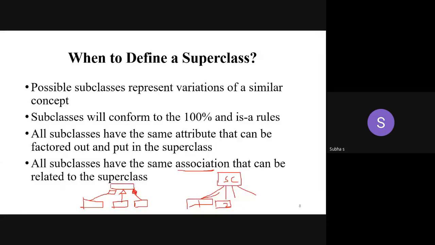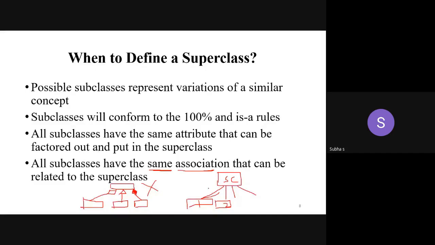The filled diamond denotes composition. An empty diamond denotes aggregation. This line with the triangle denotes the generalization. All the subclasses must use the same association only. I can't use different kinds of relationship: one subclass through aggregation, one through generalization, another through composition. It is entirely wrong.